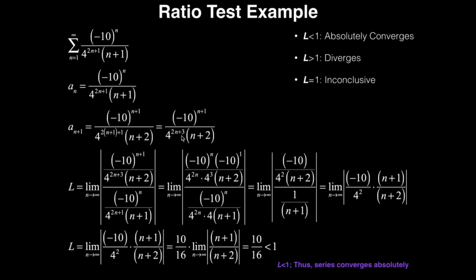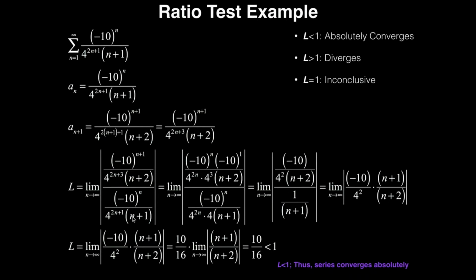Now, the ratio test says my limit is equal to L. It's the limit as n goes to infinity of a sub n plus 1 divided by a sub n. So I just plug in what I just found. So a sub n plus 1 is negative 10 to the n plus 1 over 4 to the 2n plus 3 times n plus 2, divided by a sub n, which is negative 10 to the n divided by 4 to the 2n plus 1 over n plus 1.